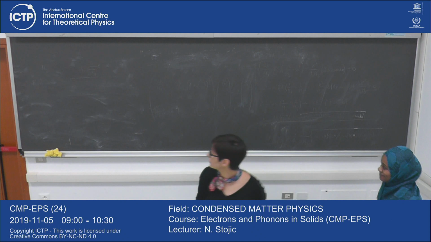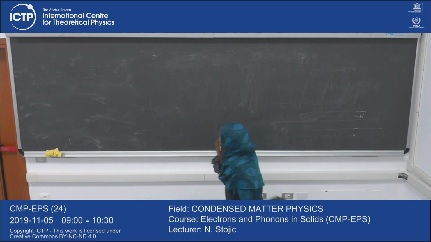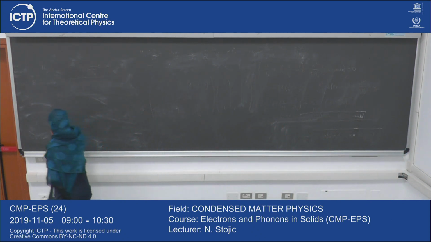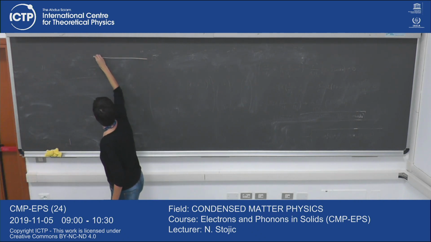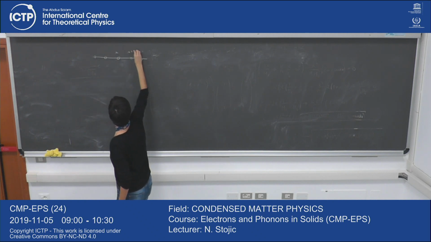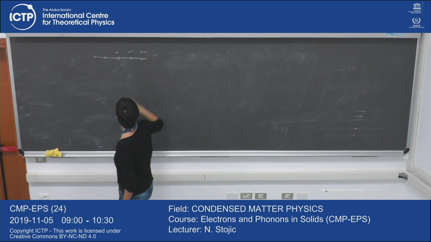So what do we have? Okay, maybe I can also do something. I can draw, we have the case of the second neighbors. So this is atom n plus 1, n plus 2.